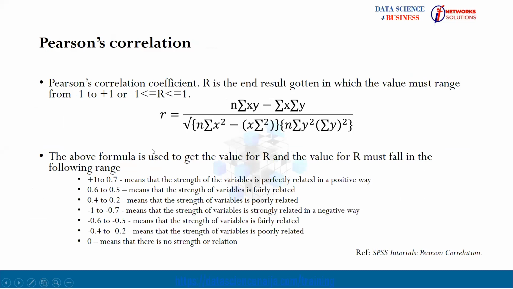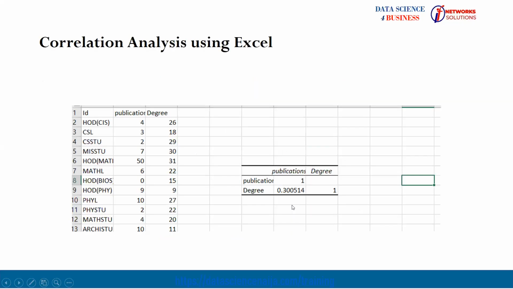For example, the result we got was 0.3 something, which falls where my mouse is right now, meaning that's 0.4 to 0.2. And what that means is that the strength of the variables is poorly related. So there's a poor relationship between publication and degree.